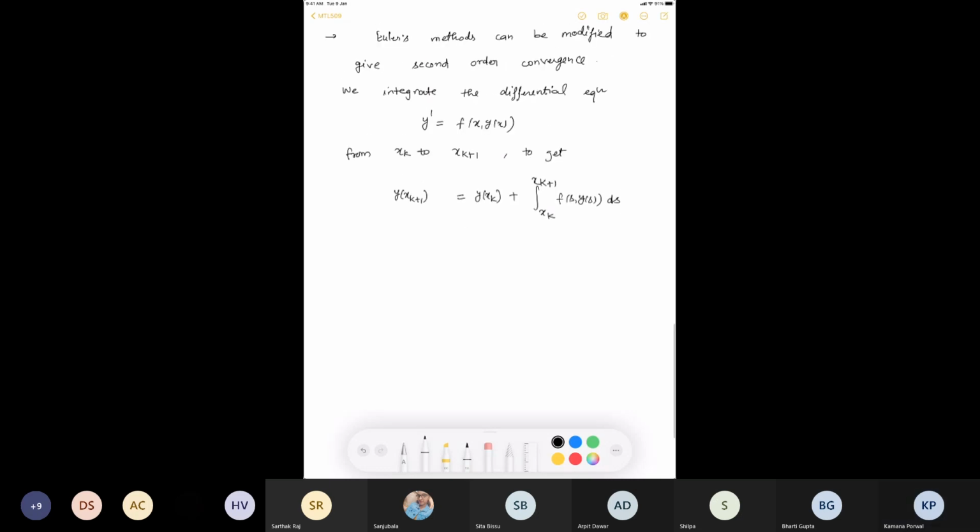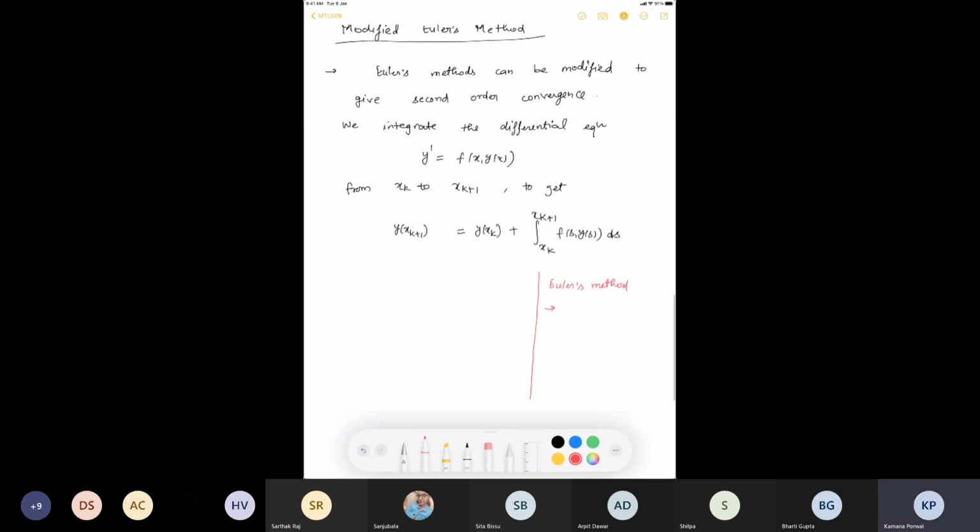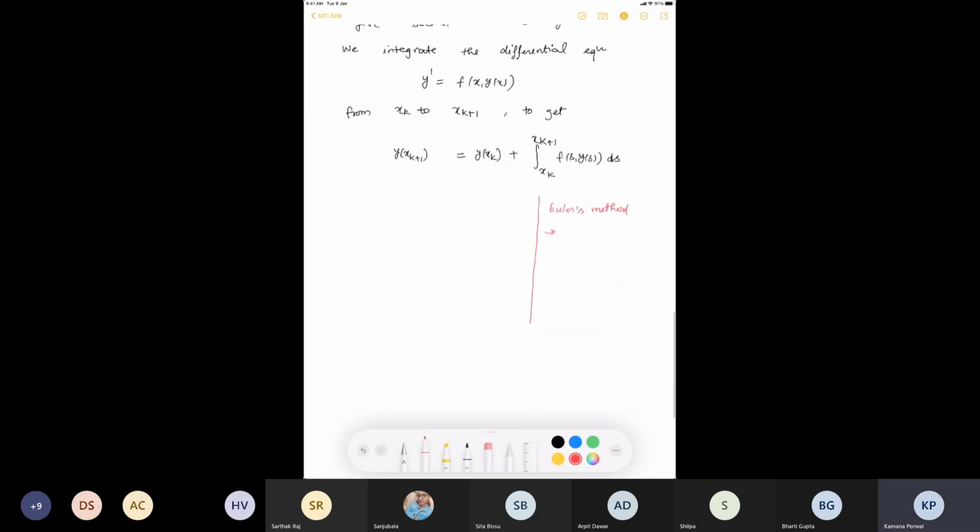One remark here before we proceed further. We can observe the Euler's method from this equation as well. We used the Taylor's expansion to derive the Euler's method, right? Now, can you observe the Euler's method from this equation as well? What is the Euler's method?